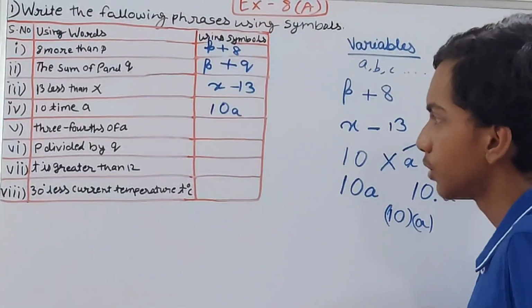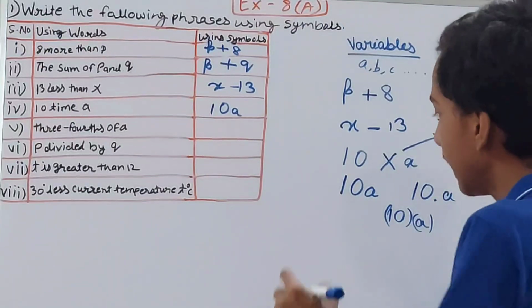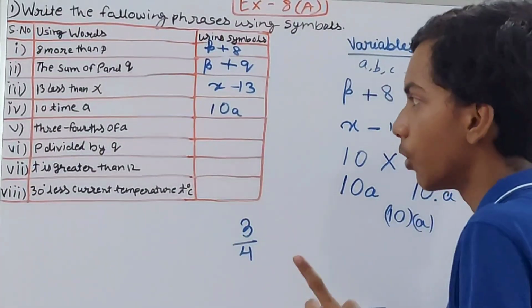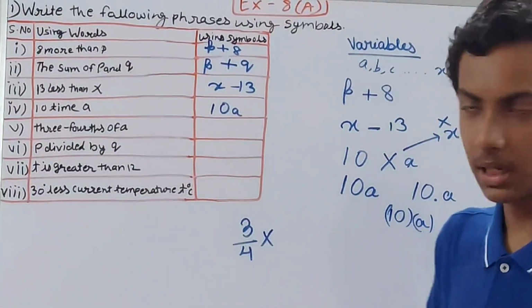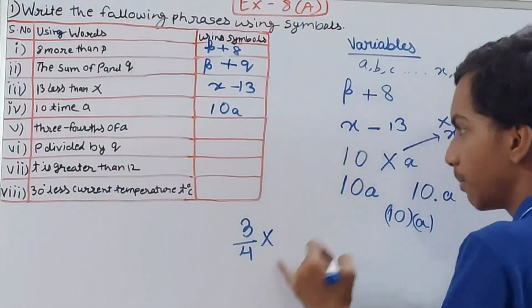3/4 of A. First of all, understand 3/4 means 3 upon 4, right? Of always means multiplication. We have been learning this for so long. Wherever you see the word of, it means you have to multiply.